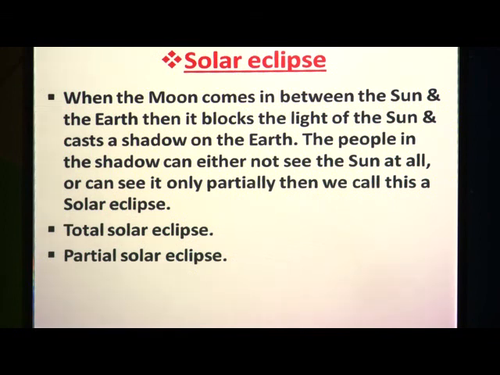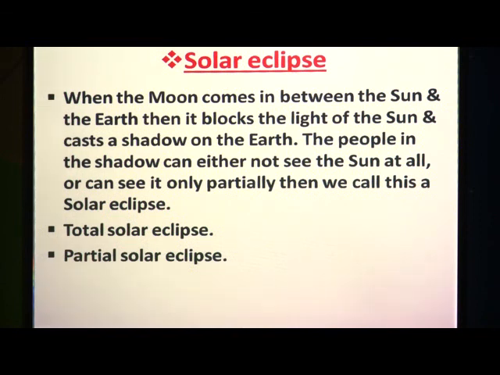That means we cannot see any part of the sun. In contrast, if it is only partially blocked, then we experience a partial solar eclipse.